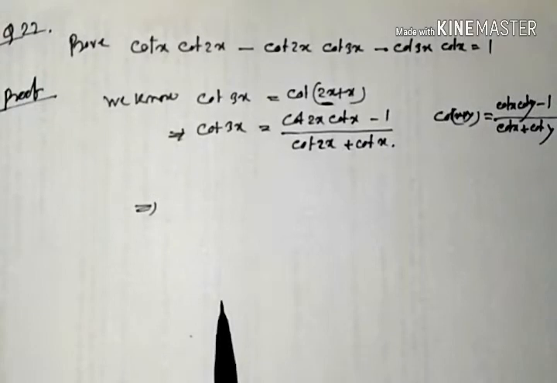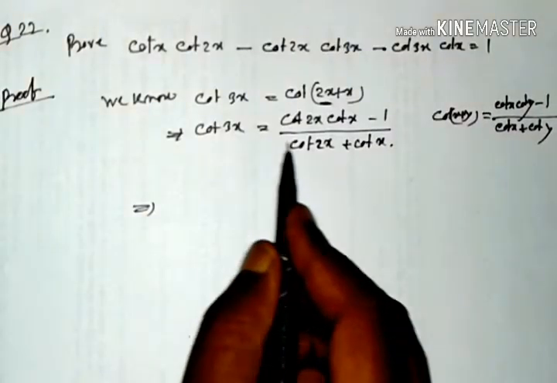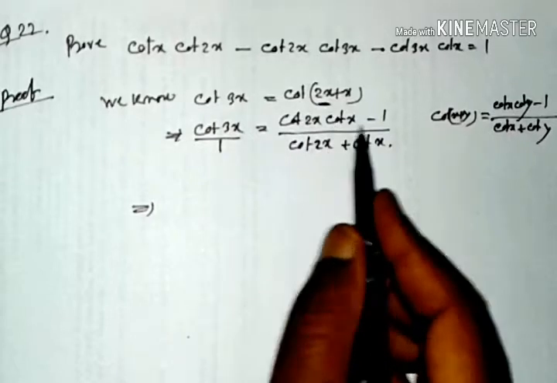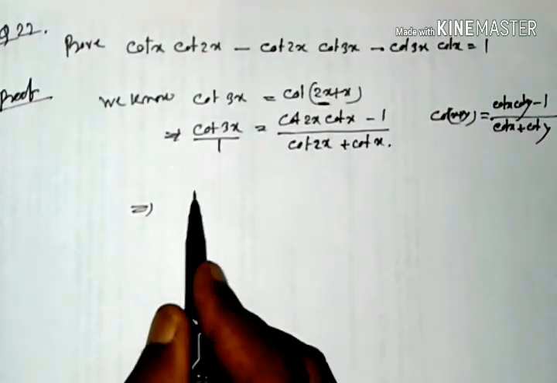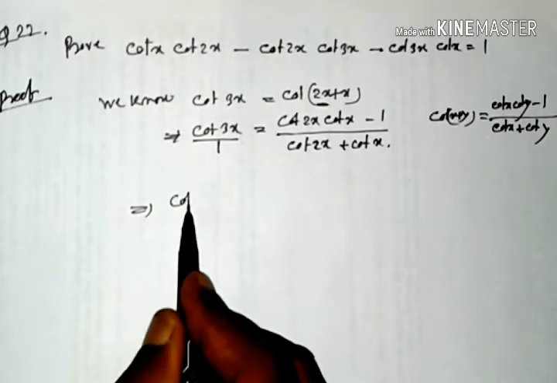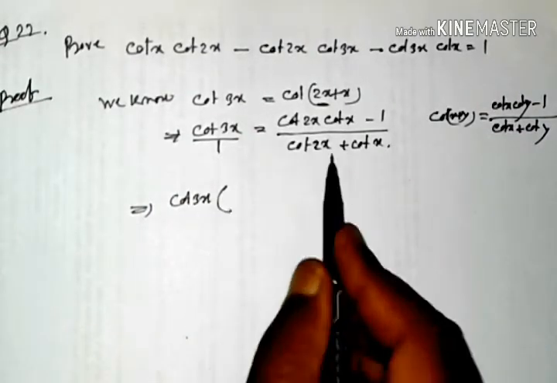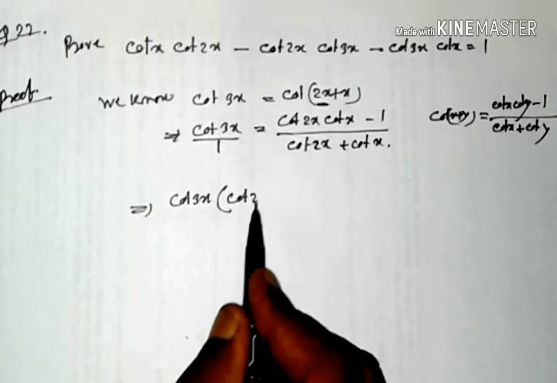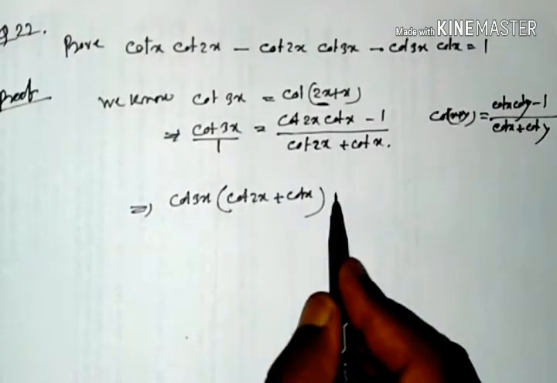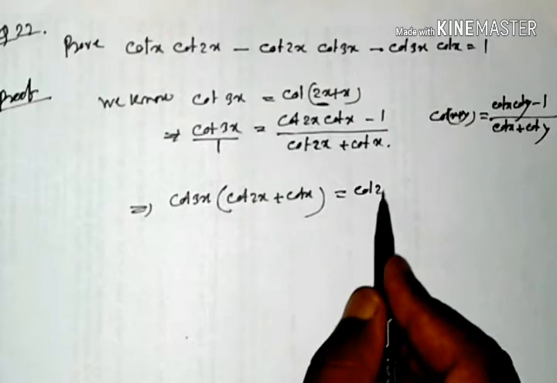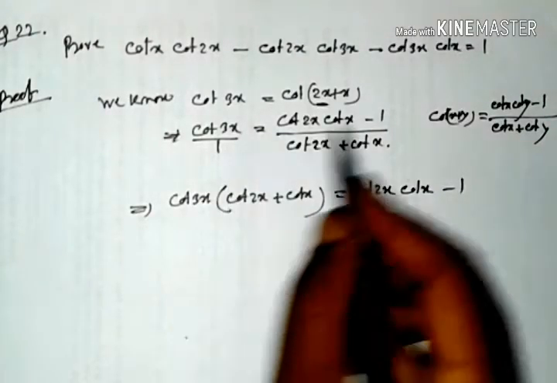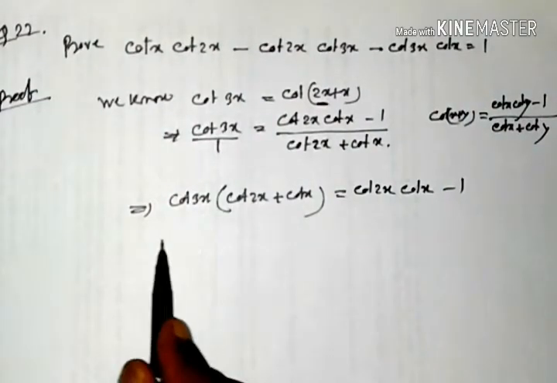Now we cross multiply it. Considering the other side as 1, cot 3x into (cot 2x plus cot x) equals (cot 2x cot x minus 1) multiplied by 1.